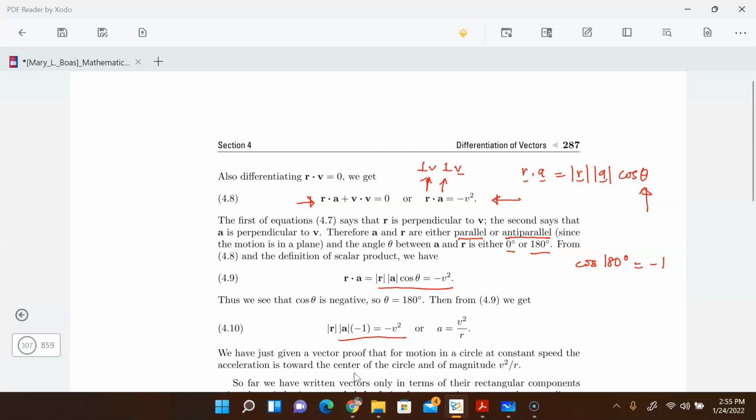Then you can rearrange this, and you get what we have seen before, which is the centripetal acceleration.